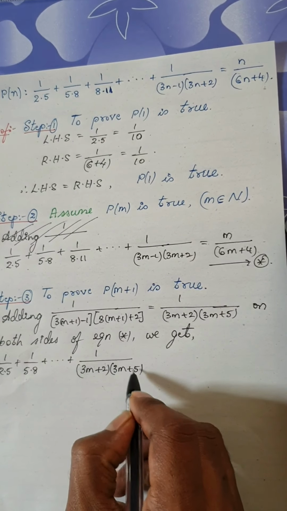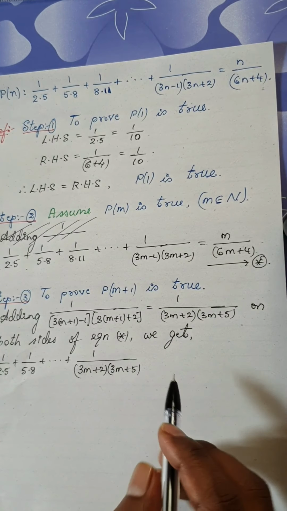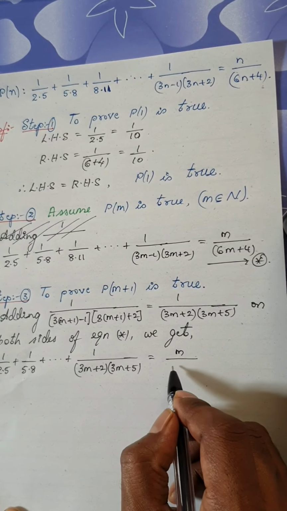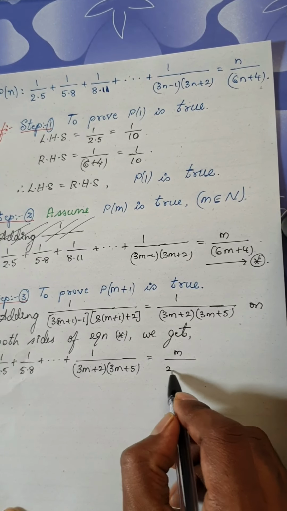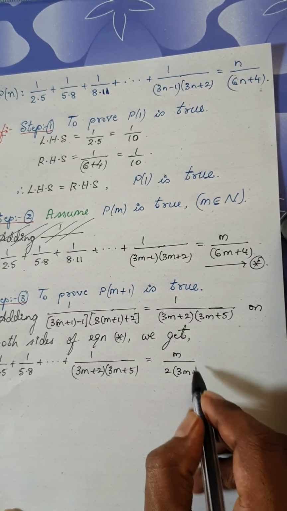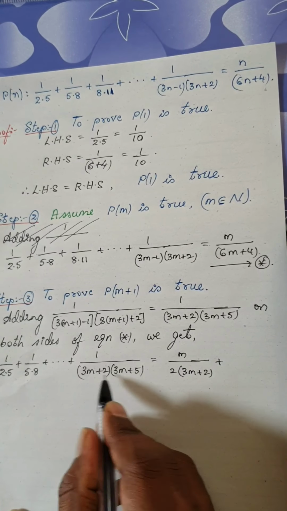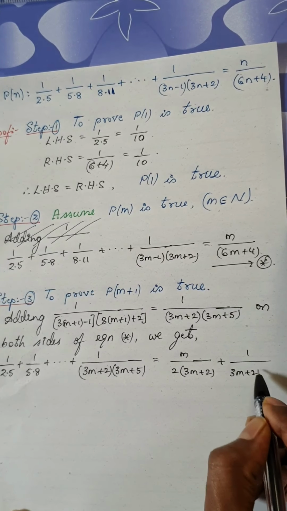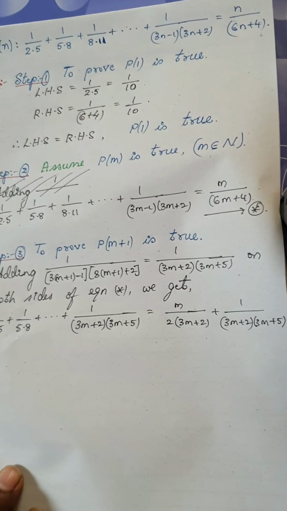Again I am telling you, if you don't write the previous terms, it is understood that they will be there. So this is nothing but m divided by 6m plus 4, isn't it? In this 6m plus 4, if I take 2 common, I will get 2 3s are 6, so 6m plus 2 2s are 4. Are you following? Why I took it common is that it will be useful for me in the next step. So it is 1 divided by 3m plus 2 into 3m plus 5.